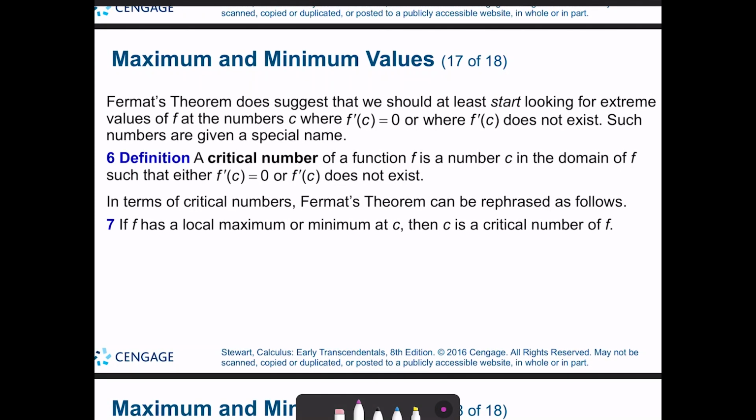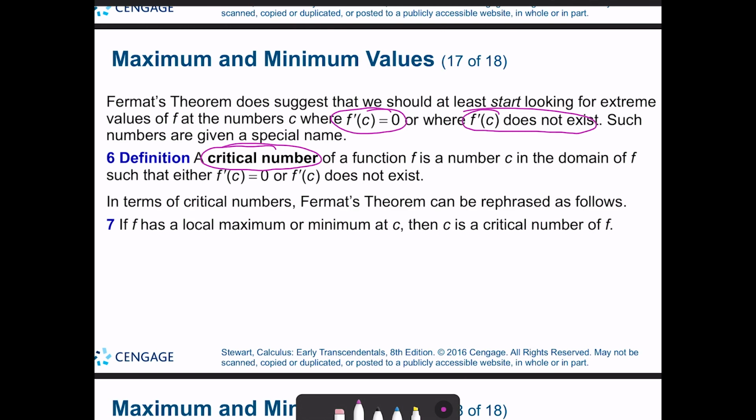Fermat's theorem does suggest that we should at least start looking for extreme values of our function where the first derivative is equal to 0, or perhaps where our first derivative does not exist. Those particular locations, or the x values of those locations, are called critical numbers. So this is a key word that we're going to be using and seeing in questions.